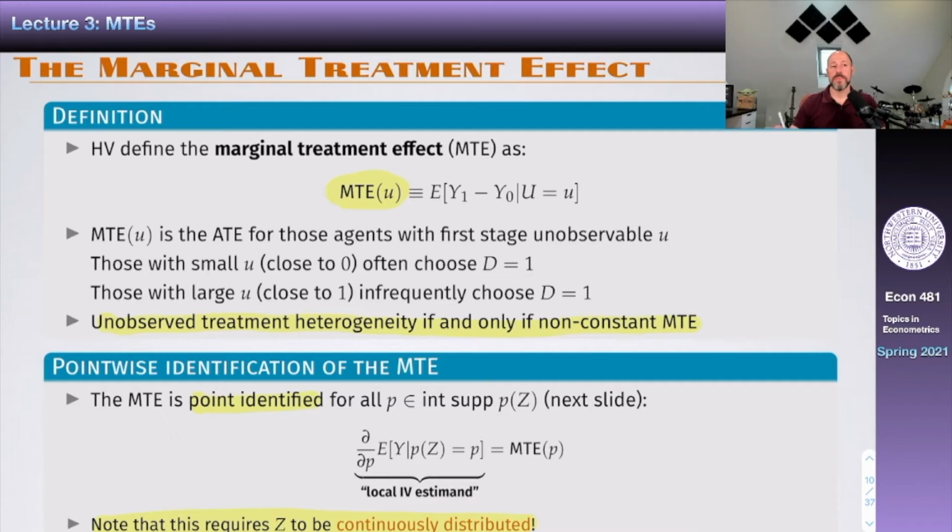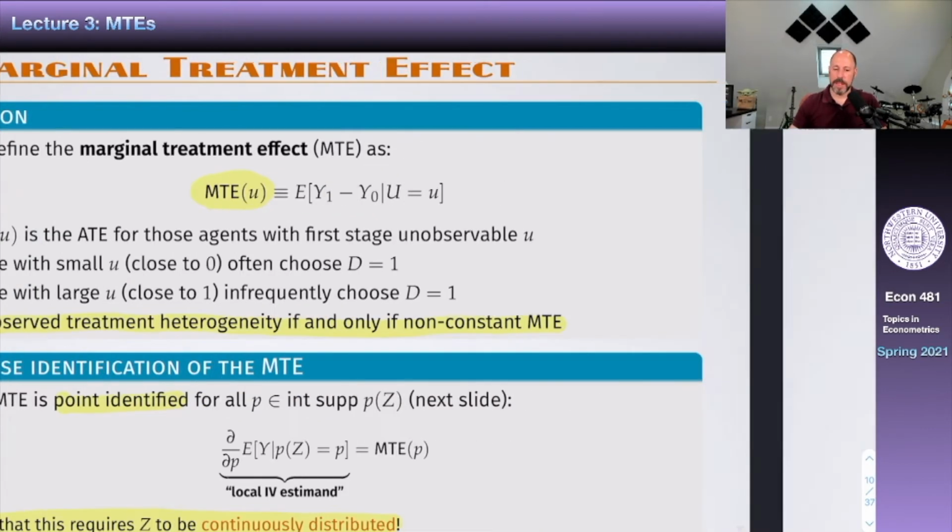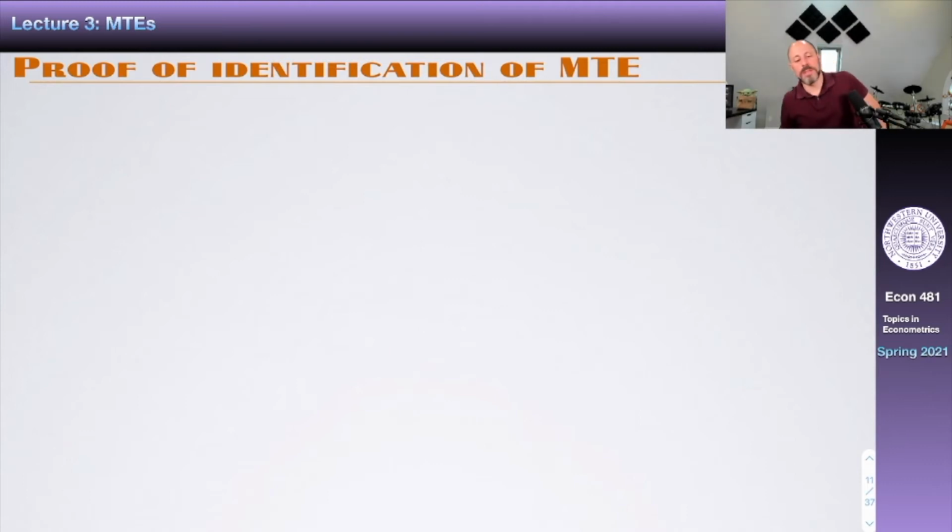Nice in the sense that Z needs to be continuously distributed, and it needs to move the propensity score a lot, because Z could be continuously distributed, but the propensity score could be between 0.4 and 0.6, and then you won't be able to say anything about the marginal treatment effect outside that. All right, let's see this argument, because I think you may like it.